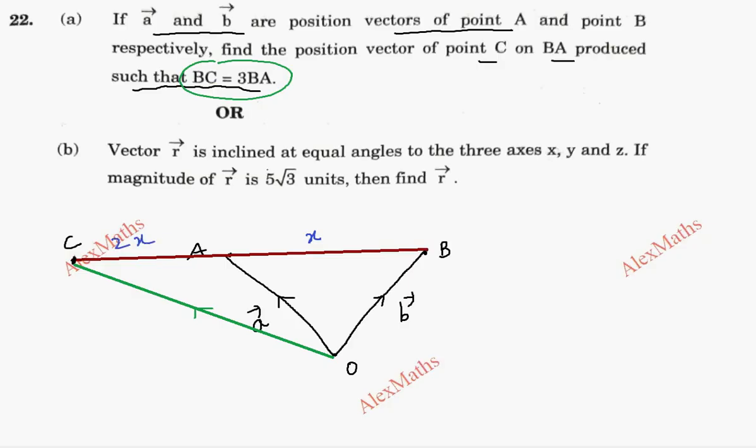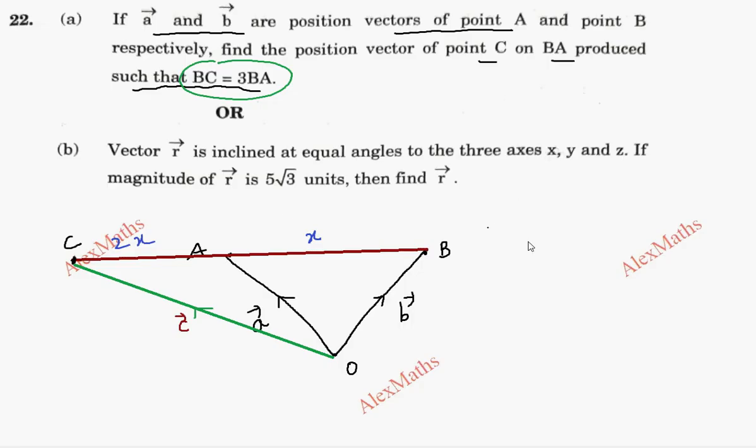That is, BC is totally, by taking from B to C, it is 3X, and BA is X. This can be done in two ways, and I will use one such way that I take this as C vector, and as per the question it is given, it is the externally dividing, but I am going to use internally dividing, that is OC and OB we have, and OA is dividing internally in the ratio 2:1.